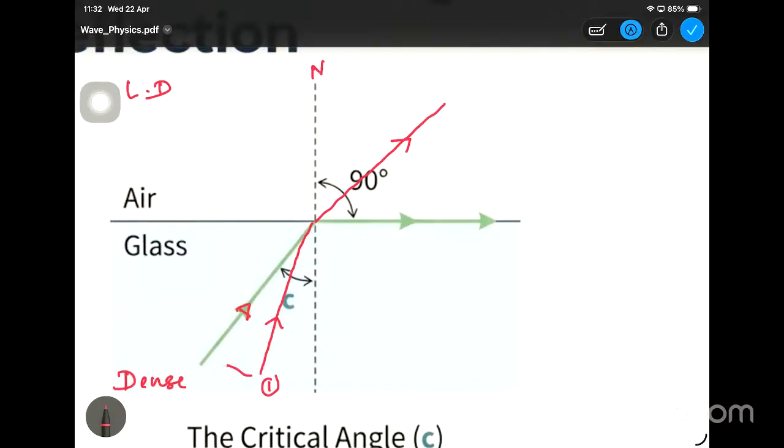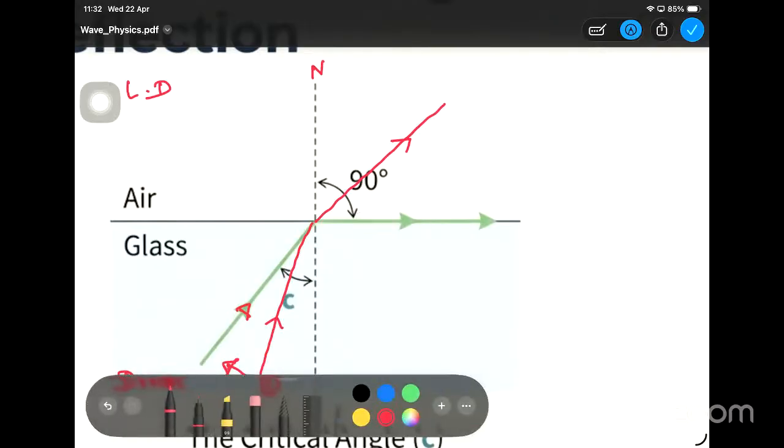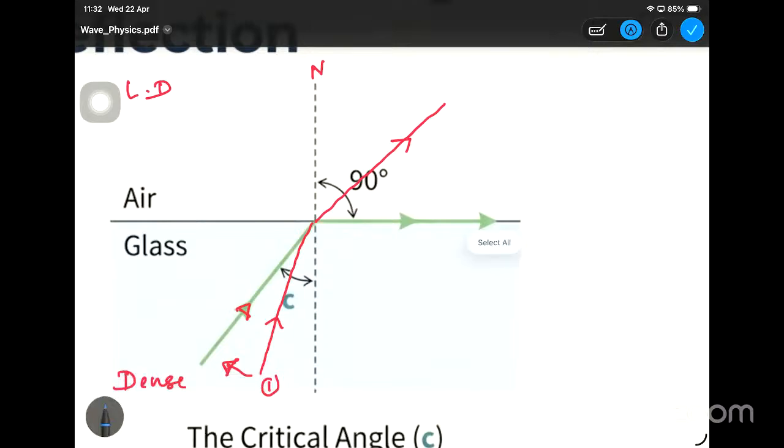Once I increase this angle, I'll use another color here. Just imagine something like this, right? I have increased the angle's value. Then again, it will be bent away from the normal. And once it reaches this critical angle, this special moment, what will happen?